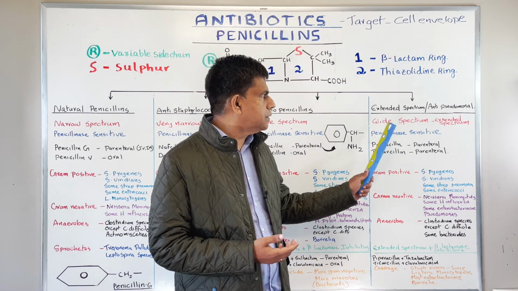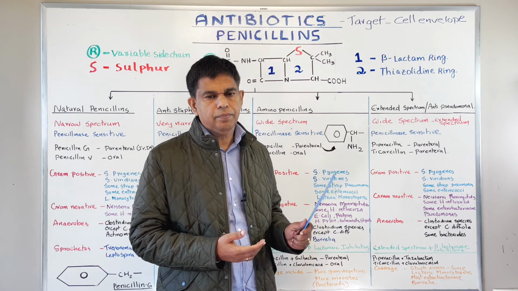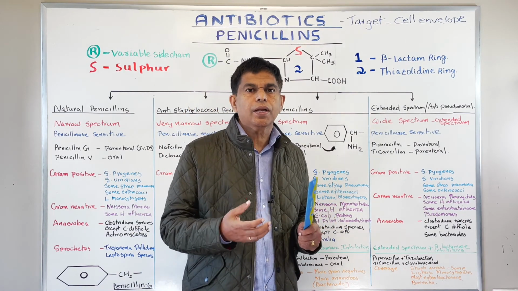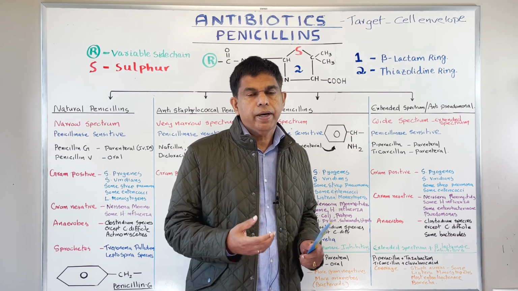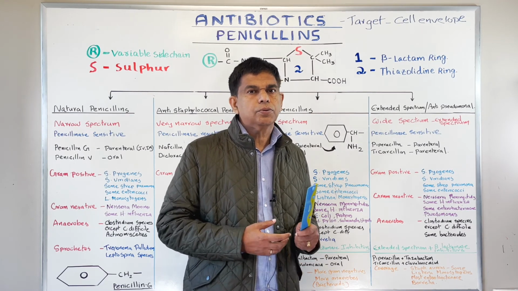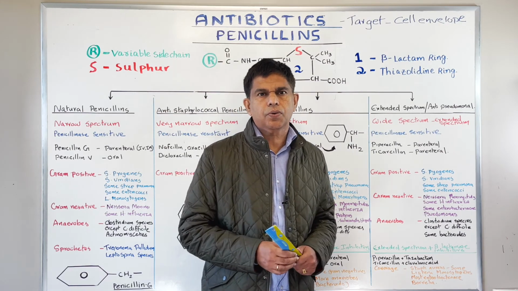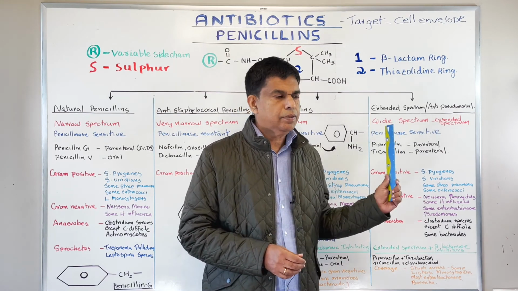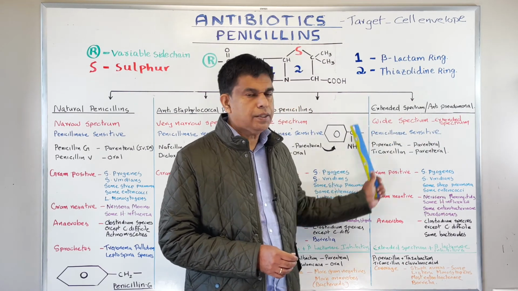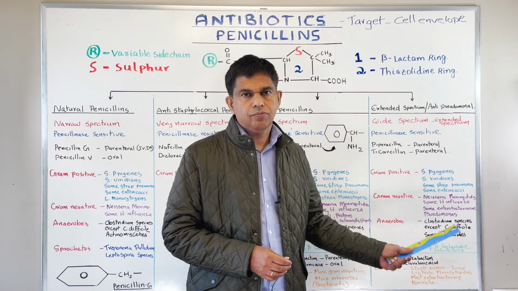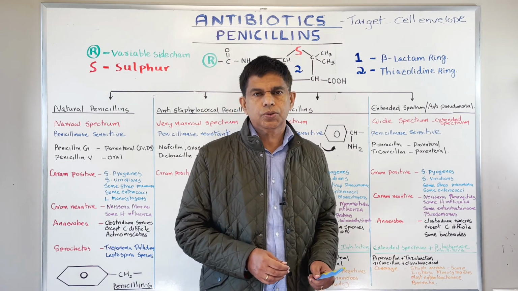So how does this extended spectrum work? The penetration into the cell is much better, and they go through the porins more easily into the bacteria so we can destroy them. Okay? So remember, this is a very, very important class, especially the drug piperacillin with tazobactam, very potent. The trade name is Zosyn, which we use.